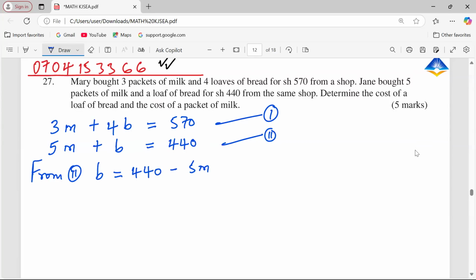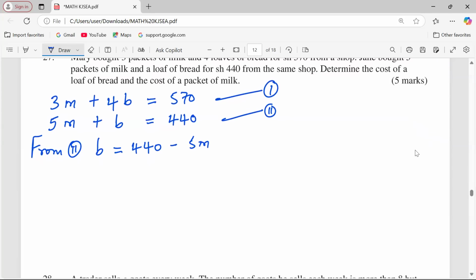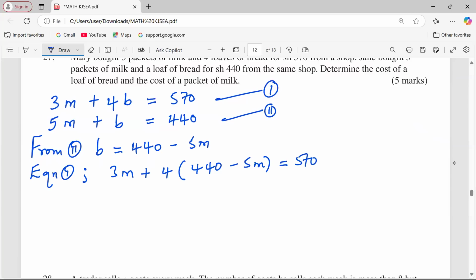So equation 1 can be rewritten as 3M plus 4 times 440 minus 5M, equivalent to 570.